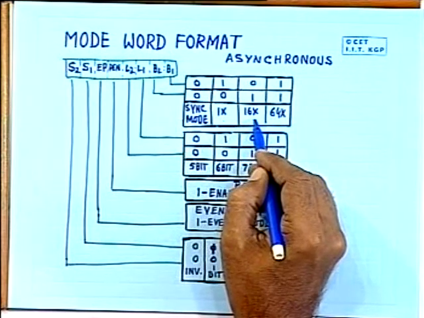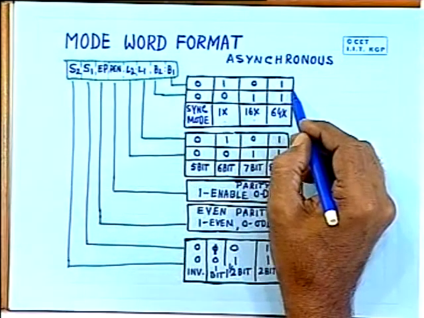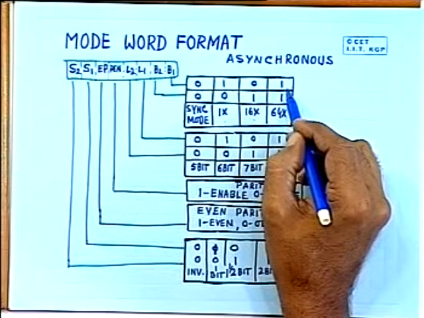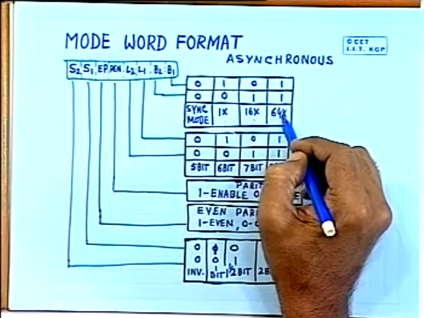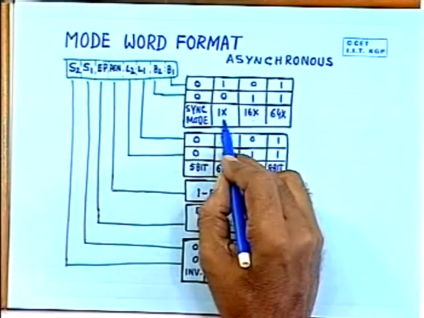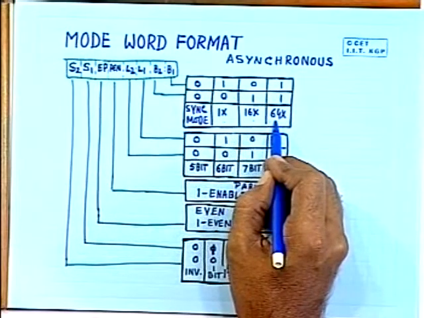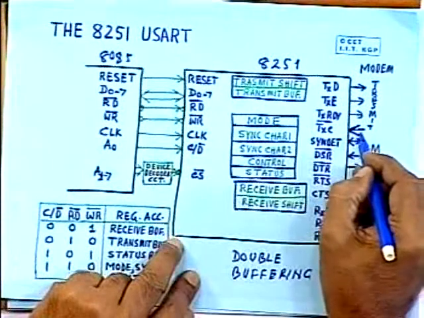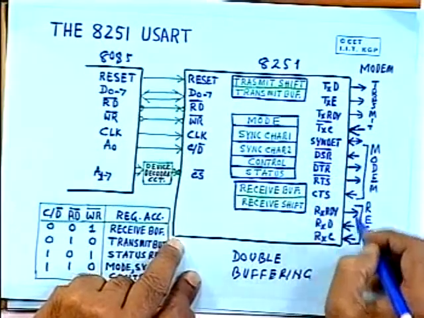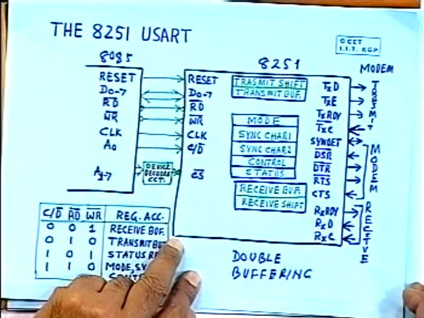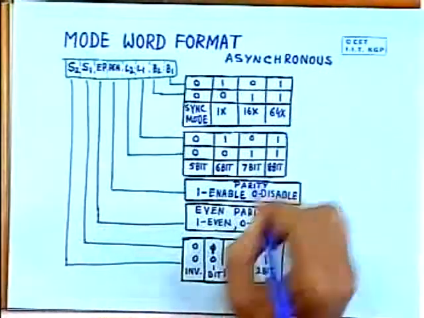It is called 16x. Similarly, if it is 1 1, then the baud rate is clock frequency divided by 64. So you can have 3 different baud rates for a particular clock frequency connected to the transmit or receive. So these 2 bits decide that.